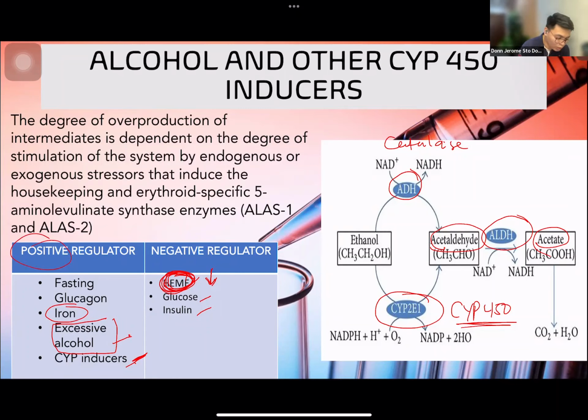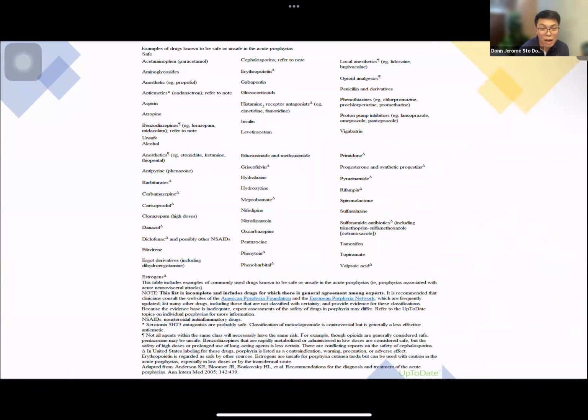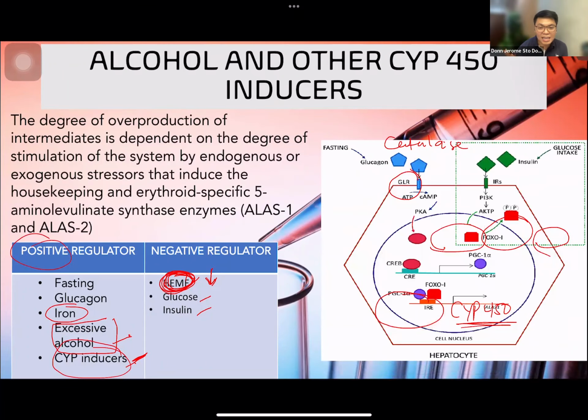The same is true with your cytochrome P450 inducers. Cytochrome P450 inducers are drugs. These are the examples. Masyadong mahaba, hindi ko na isa-isa yan. I will not go through each one. Basically, cytochrome P450 inducers are drugs that are metabolized by cytochrome P450. So do they stimulate your liver to produce cytochrome P450?